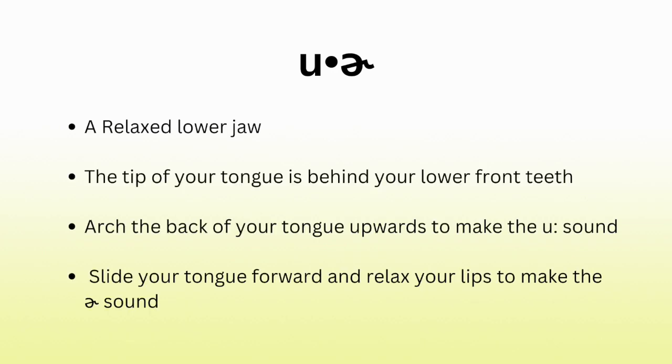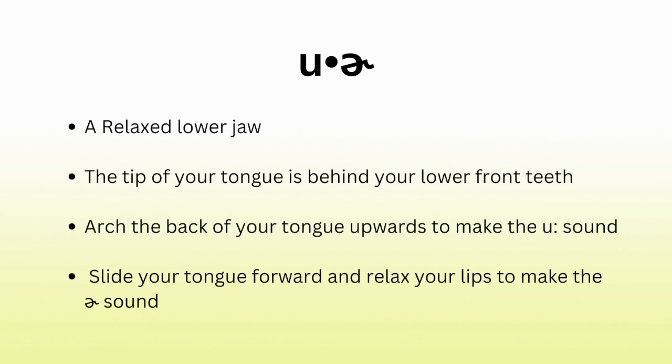And now we're going to move on to the next R diphthong, ur. Now, phonetically, ur is a combination of the back vowel oo and the mid vowel. So the mechanical placement for the correct pronunciation of ur is a relaxed lower jaw. The tip of your tongue is behind your lower front teeth.